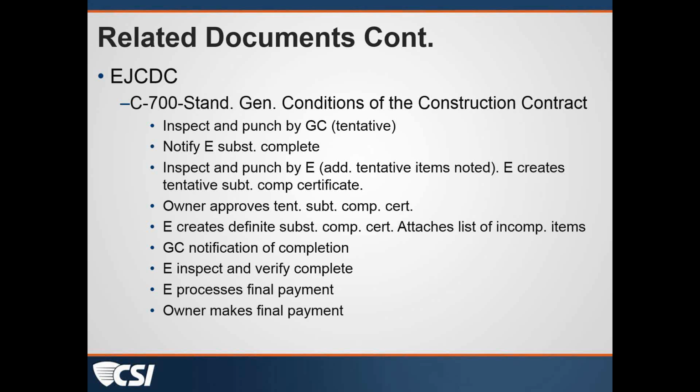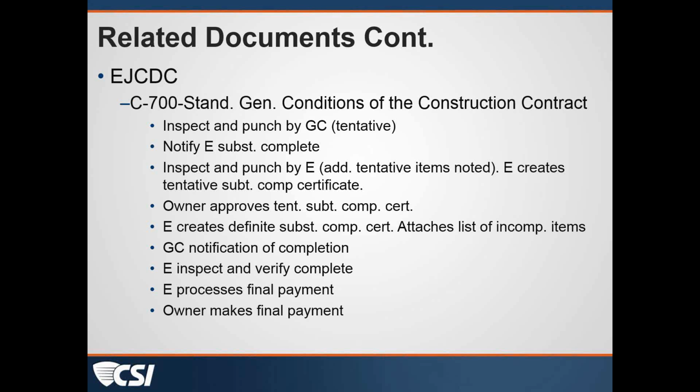Then the owner approves the tentative substantial completion certificate, and the engineer creates from that tentative a definite substantial completion certificate and attaches any list of items that at that point are still incomplete. This goes to the contractor for their use and follow-up and correction of items.